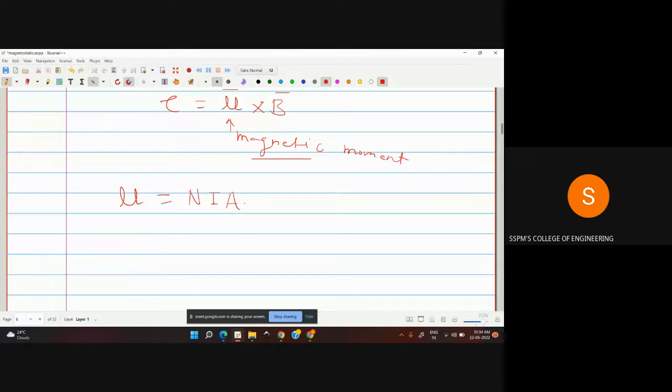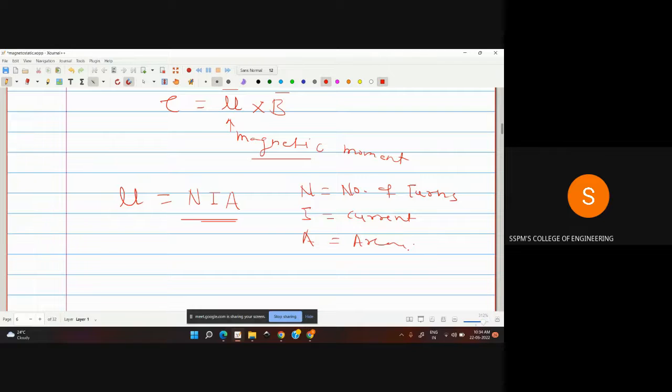Where A is the area. So magnetic moment depends on what? Number of turns, current and area, where N is the number of turns, I is the current flowing through the coil, and A is the area of the coil.